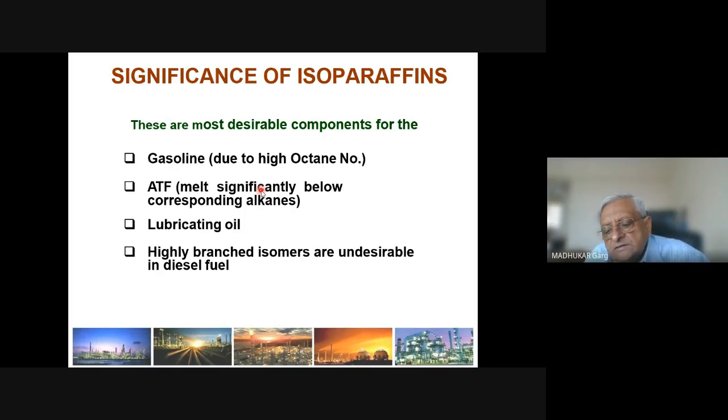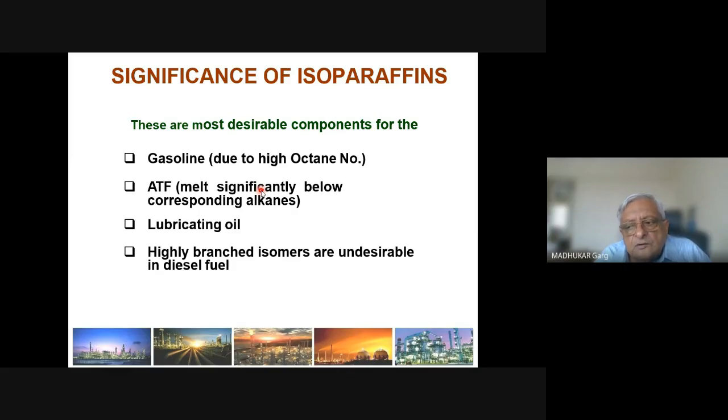There is something for you to remember between paraffins and isoparaffins. There are two major differences between paraffin and isoparaffin for the same carbon number. Suppose I take normal butane or I take isobutane.